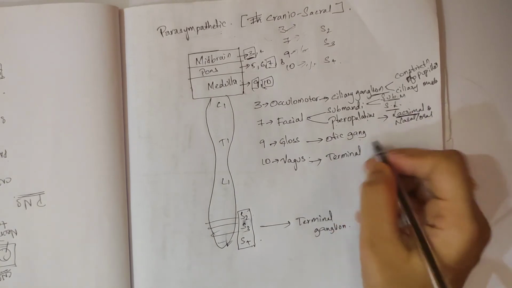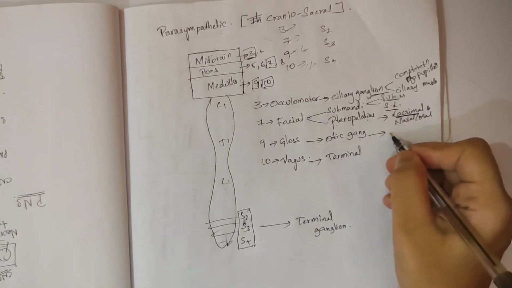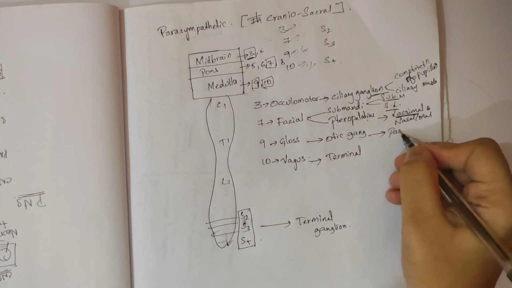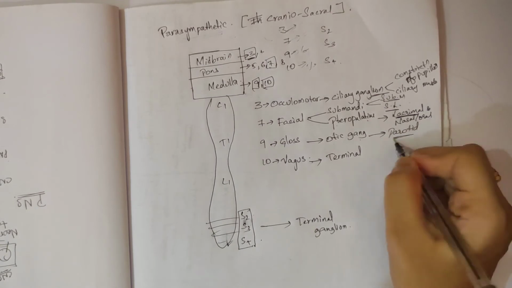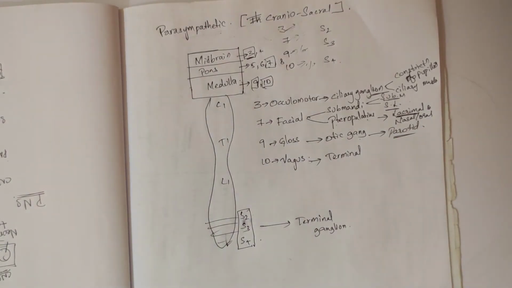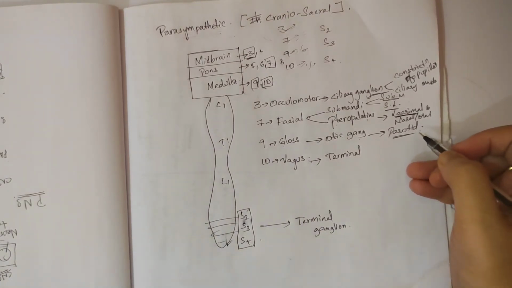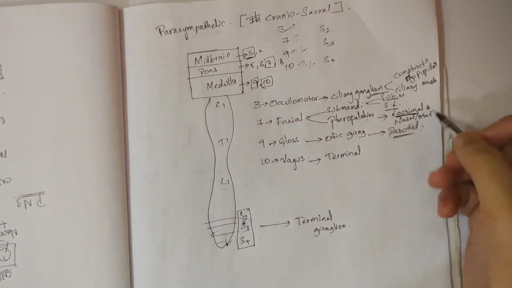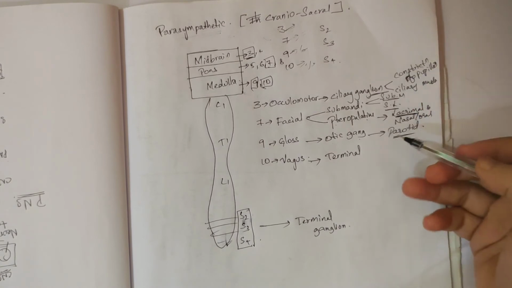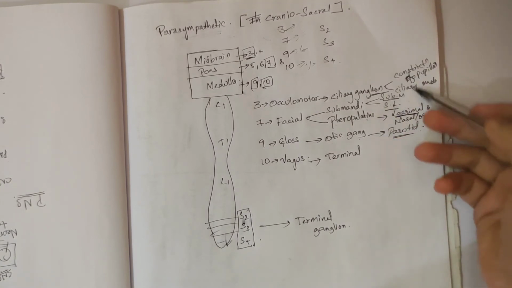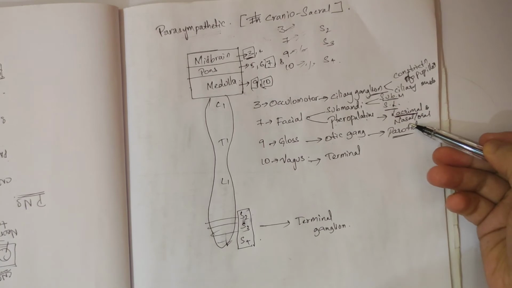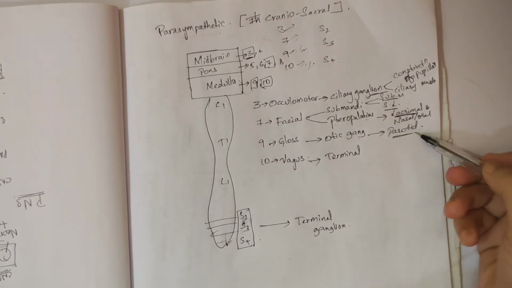And the otic ganglion, it innervates the mouth and parotid, but it is not important clinically, because if we have any lesions to these ganglia, we will have the effect in the respective places, but not in the case of parotid.